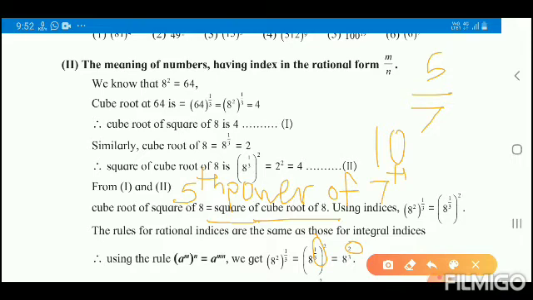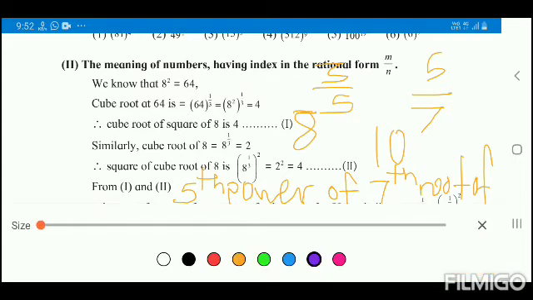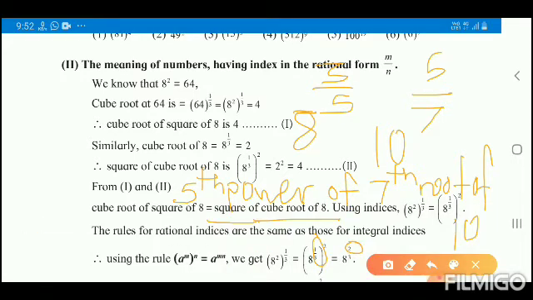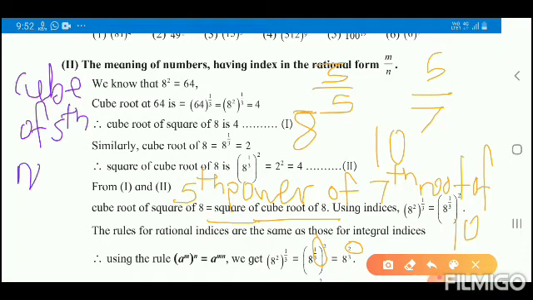So the fifth power of the 7th root of 10, in this way. If 3 is there, then 8 raised to 3 upon 5 you can write as the third power, means cube, of the fifth root of 8. Okay, do you understand this?